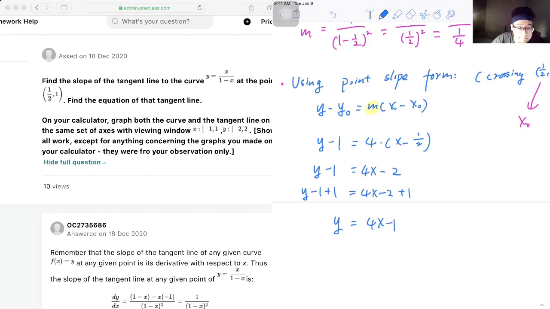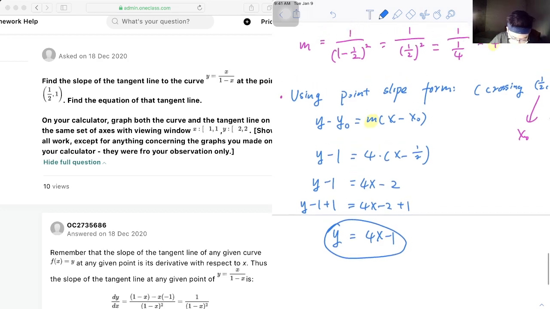So that would be the equation of the tangent of the given curve passing through 1 over 2, 1.